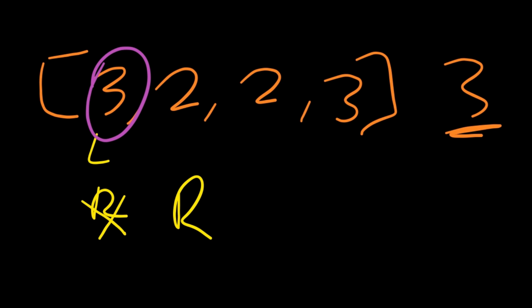If we ever encounter a value that we want to keep, for instance 2, because 2 is not the value to be disposed of, it is 3, then we are going to move our left pointer. So we're only moving our left pointer when we encounter a value that we're not removing. But whenever we do not encounter such a number, our left pointer just stays put.